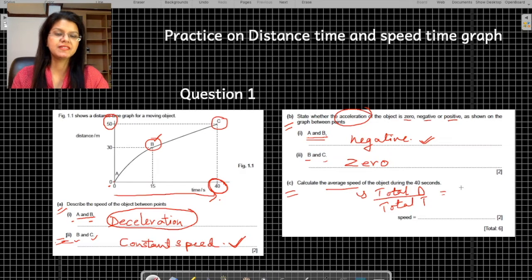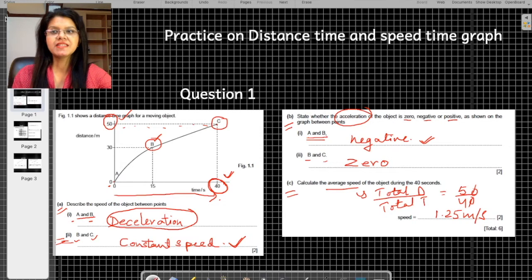So how much is the total distance? In 50 seconds, the total distance which is traveled is 50 over 45 over 4, which is 1.25 meters per second. Alright.